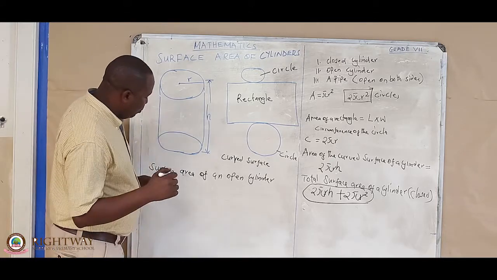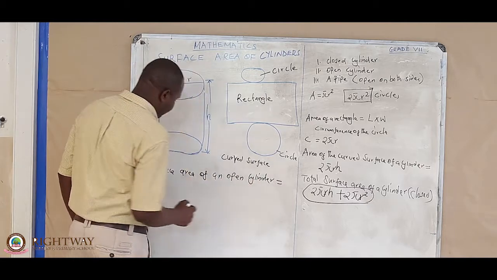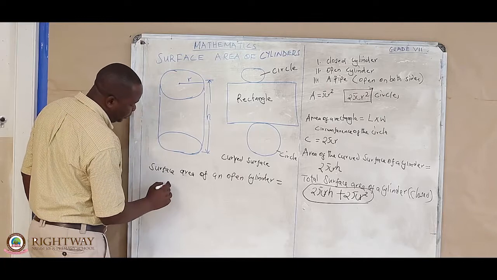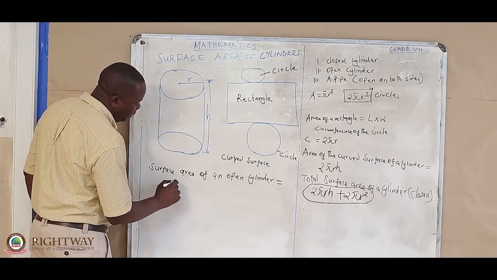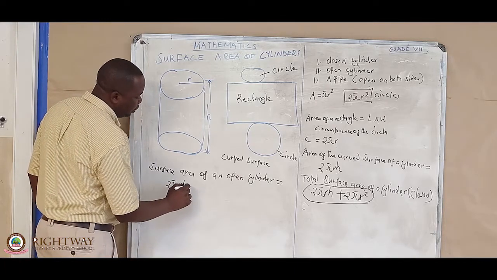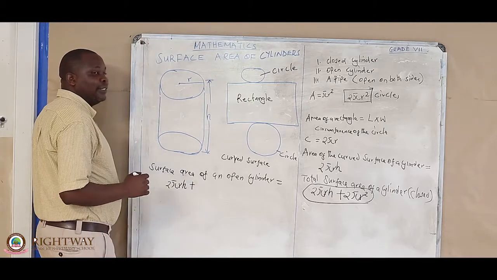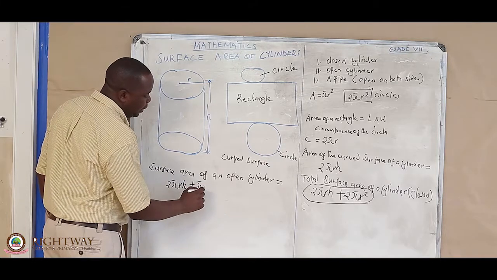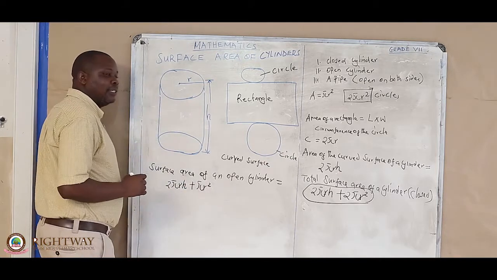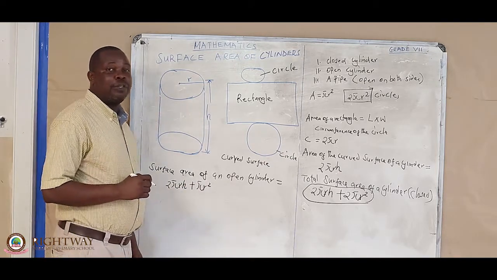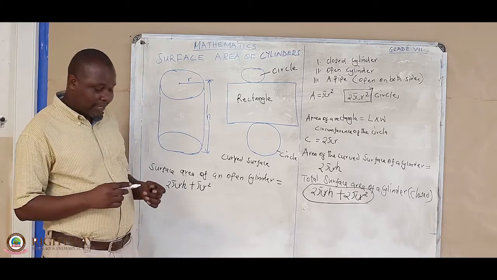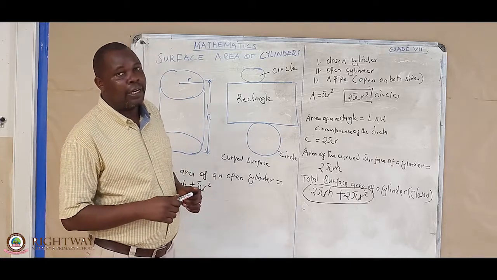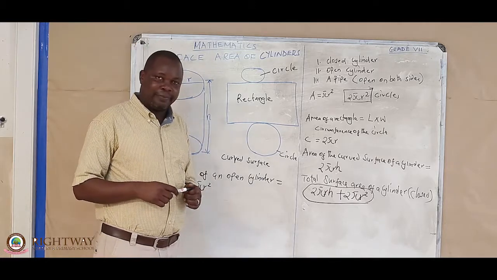Therefore, the formula will be the area of the curved surface, which is always constant, 2 pi r h, plus the area of one circle, which is pi r squared. There we have found the formula for the total surface area of an open cylinder.